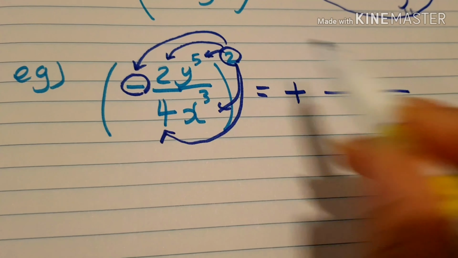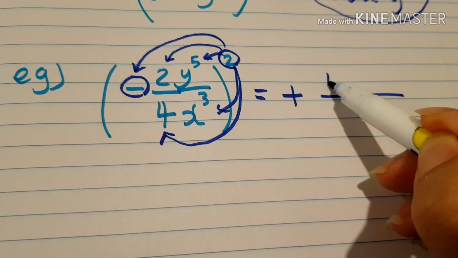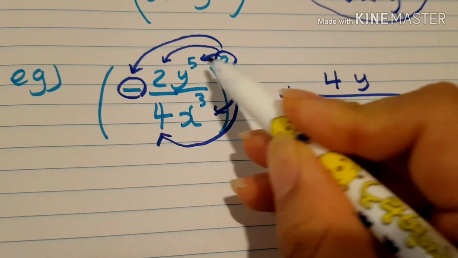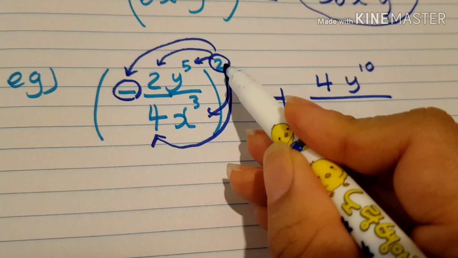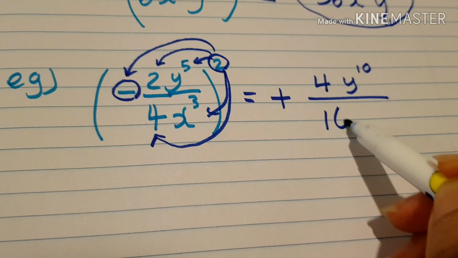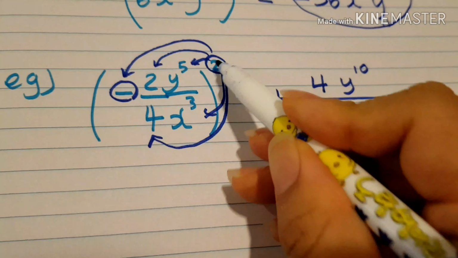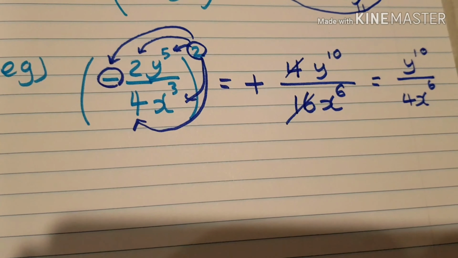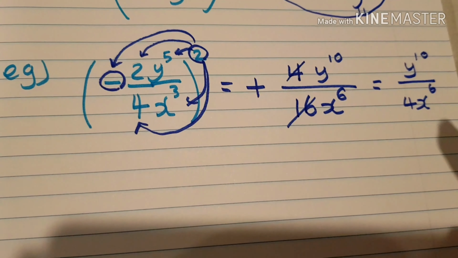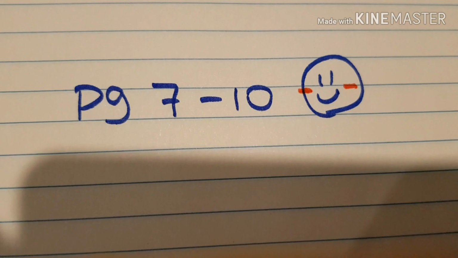So therefore, 2 to the power of 2 is 4. Y, I'm going to multiply these together. 10, 4 squared, 16. X, 2 times 3, 6. And please don't forget to simplify your answer fully.